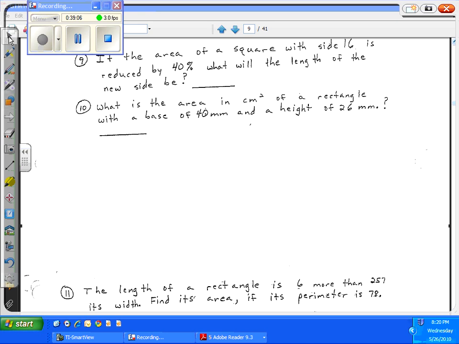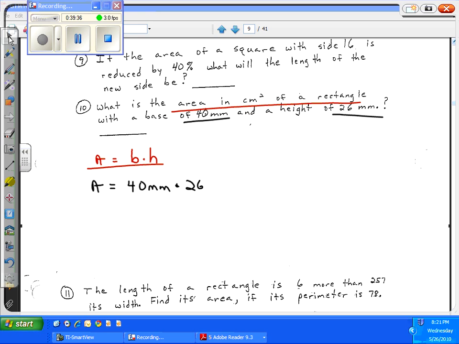We want the area in square centimeters of a rectangle with a base of 40 millimeters and a height of 26 millimeters. So we want the area of a rectangle. The formula for area of a rectangle is base times height. So we get area equal base, which is 40 millimeters, times height, which is 26 millimeters.